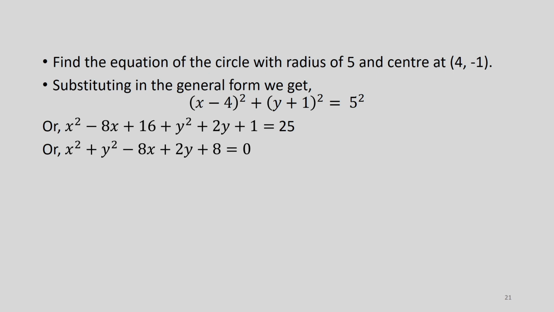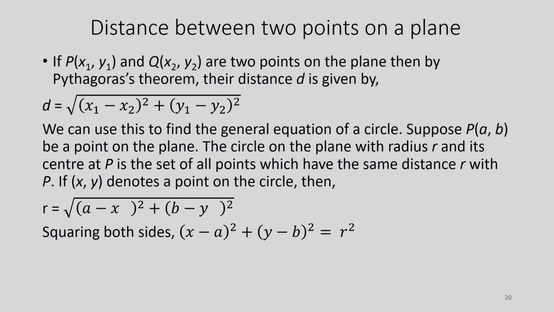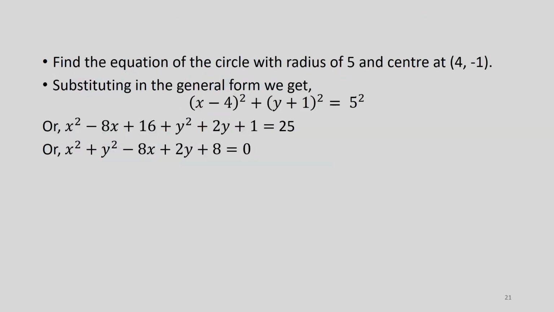What do we do? We just substitute these values here, x minus a is x minus 4, and y minus b is y plus 1. So, you have x minus 4 whole square plus y plus 1 whole square is equal to r square, r is equal to 5. So, on the right hand side you have 5 square, and simplify this and you get x square plus y square minus 8 x plus 2 y plus 8 is equal to 0.